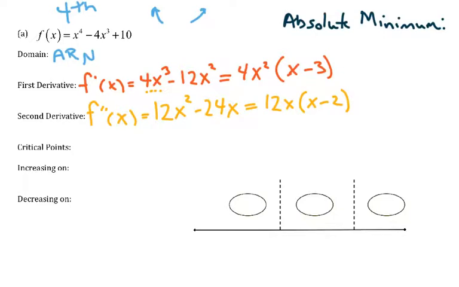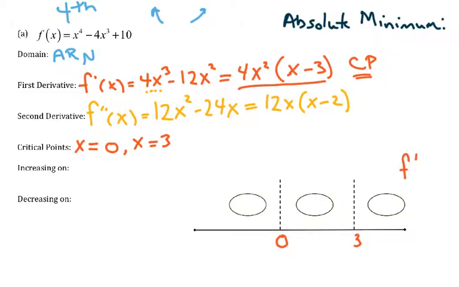Okay, critical points come from the first derivative. We have critical points when the first derivative equals 0, so that happens at x equals 0 and x equals 3. What do we do next? We set up our test intervals, which I've already drawn down here. So here's 0, here's 3. Now we're going to be checking the sign of the first derivative.